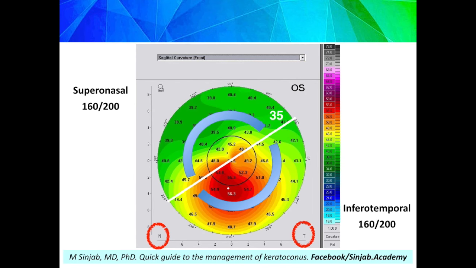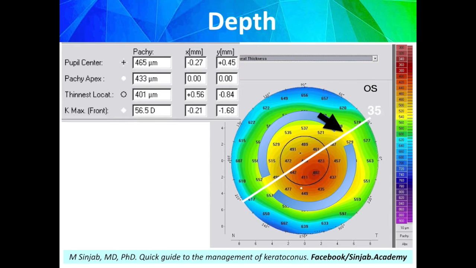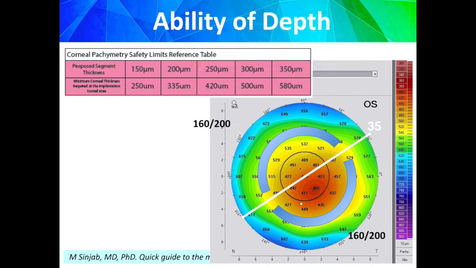It will be implanted in the inferior temporal part of the cornea, and both will be 5 millimeter type. Regarding the depth at the incision, it will be 320 microns. And to check the ability of the depth, since the segment is 200 microns, the minimal thickness should be 335, which is available in this case.